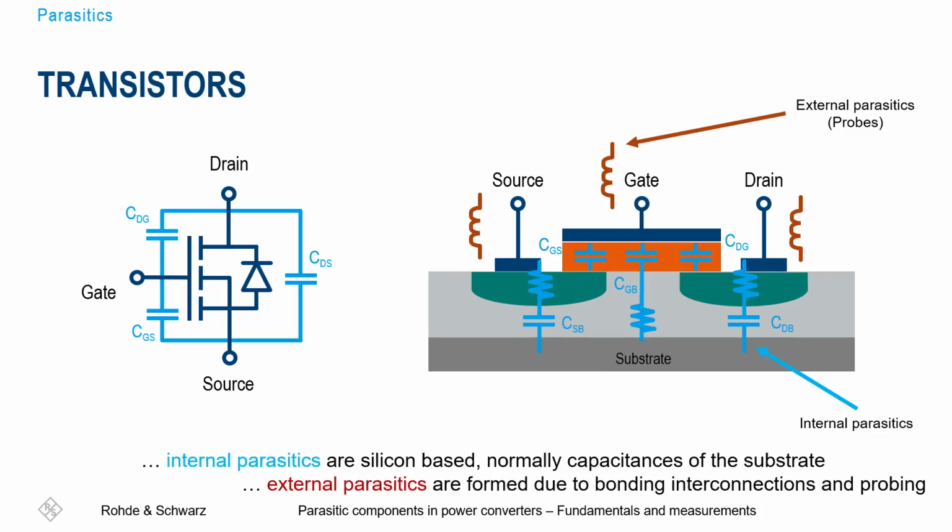So in summary, in transistors we can find internal parasitics, which are silicon-based, normally capacitances of the substrate, and also external parasitics, which are formed due to the bonding interconnections and probing.